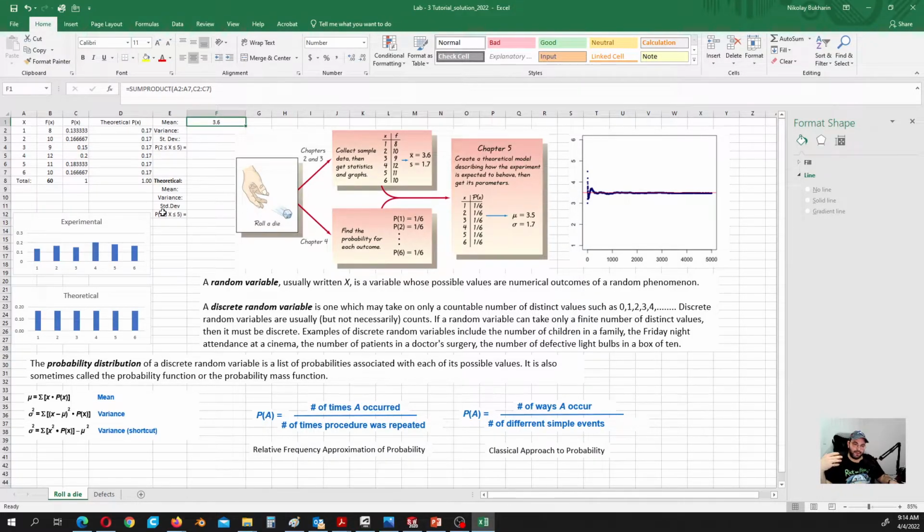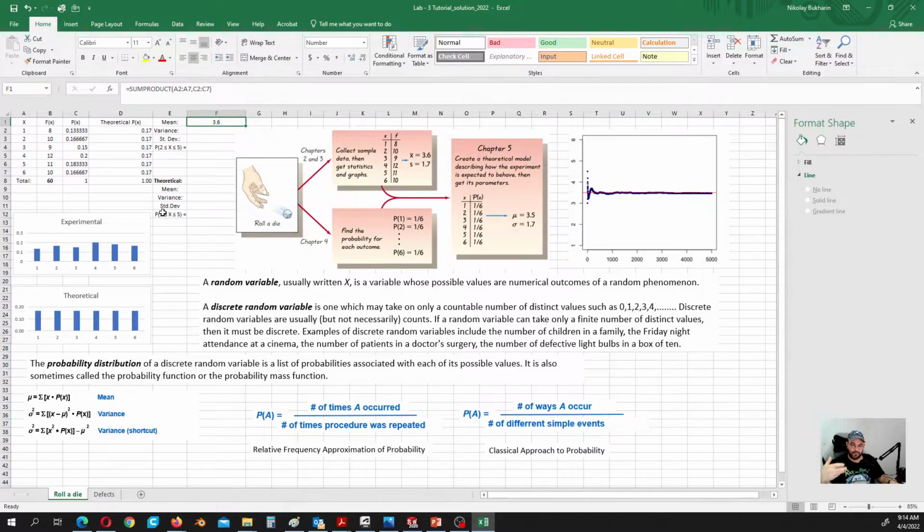And if we continue rolling a die, and we roll it n times, theoretically n over 6 times we should get 1, n over 6 times we should get 2, n over 6 times we should get 3, and so on and so forth. So then we add them up.